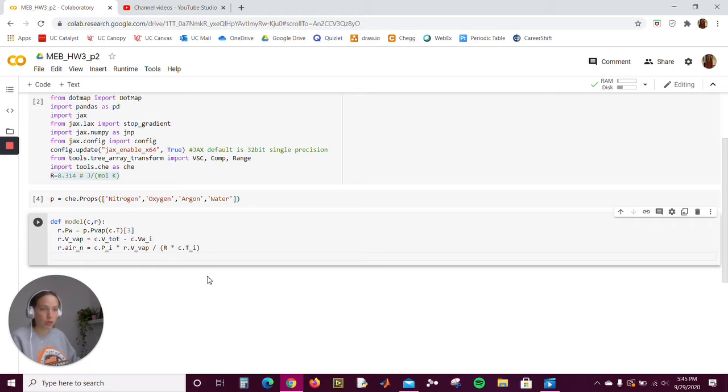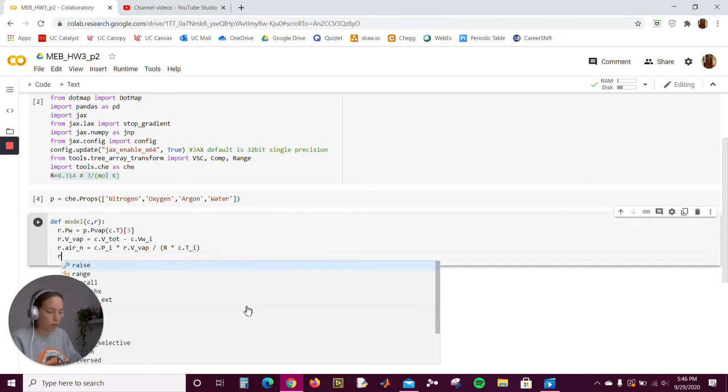Okay, so then the next thing that we're going to input is the moles of water in the vapor phase, which is something that we know, but we are solving for two different things so that we have a certain amount, which is 0.3 moles. Okay, so we're going to do partial pressure of water times the volume of the vapor phase divided by RT. Sounds good.